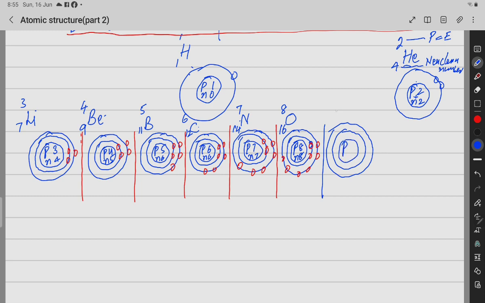And this is fluorine, 19 and 9: proton number 9 and nucleon number 19. Proton 9, neutron 10, the first shell has 2 electrons, the second shell has 7 electrons.